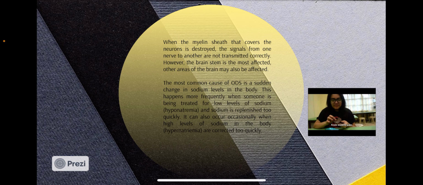This happens more frequently when someone is being treated for low levels of sodium, hyponatremia, and sodium is replenished too quickly. It can also occur occasionally with high levels of sodium in the body, hypernatremia, if corrected too quickly.